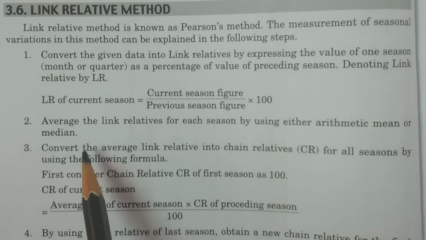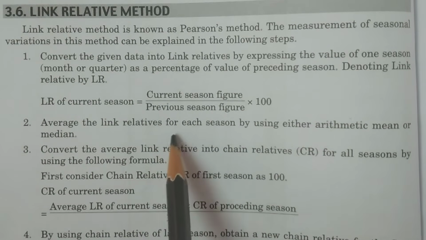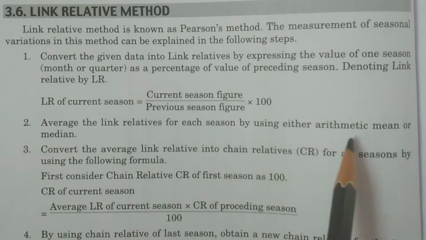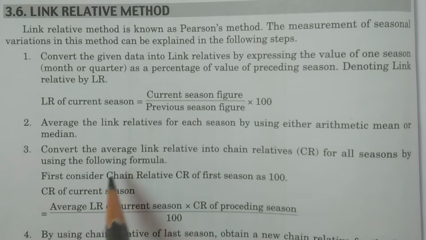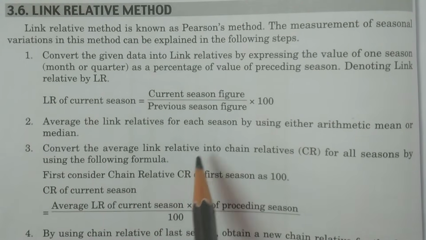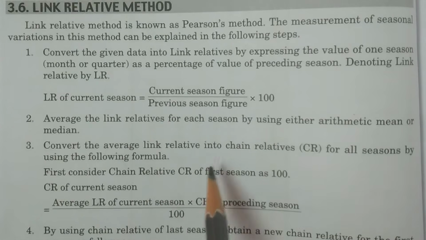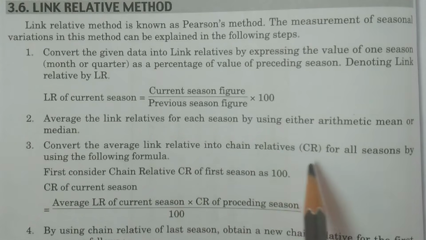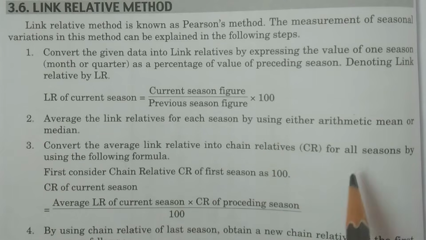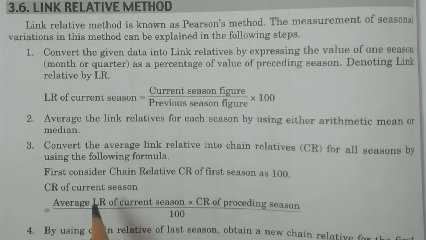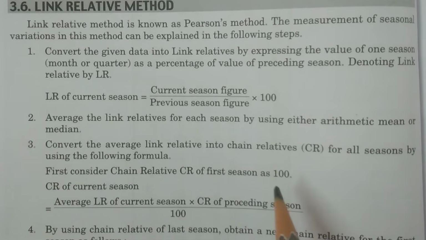Now average the link relatives for each season by using either the arithmetic mean or the median. Then convert the average link relatives into chain relatives, called CR, for all the seasons by using the following formula. For the first season, CR is considered as 100.